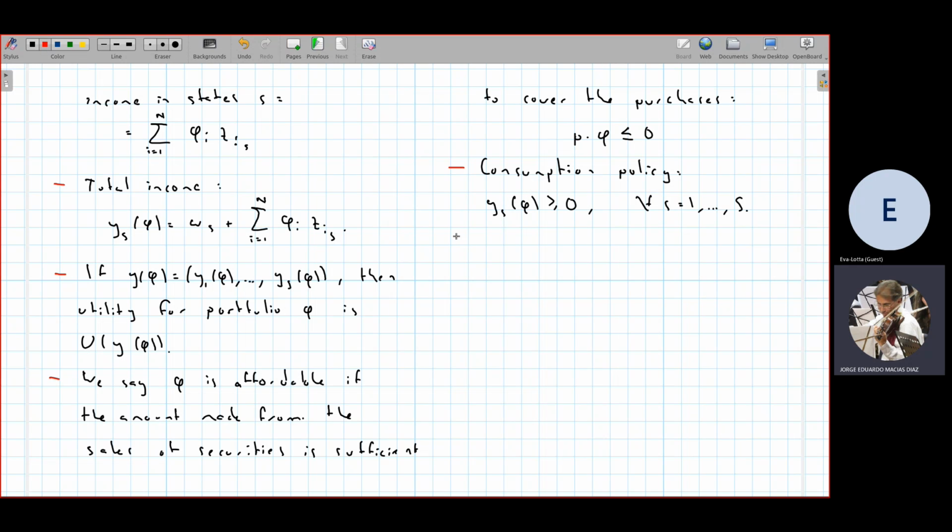Okay, with all of this notation, the feasible region is the following.